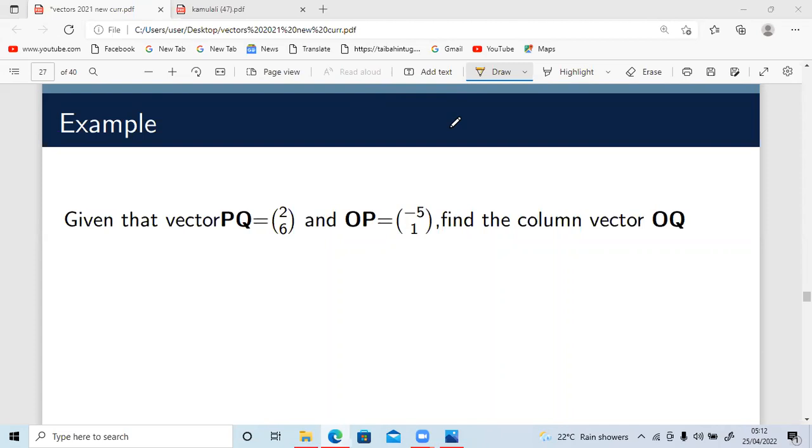So PQ, whenever you find those vectors without O, we call them displacement vectors. When you find the one which has O, we call it a position vector. Note that somewhere. This one with two different letters, we call a displacement vector.